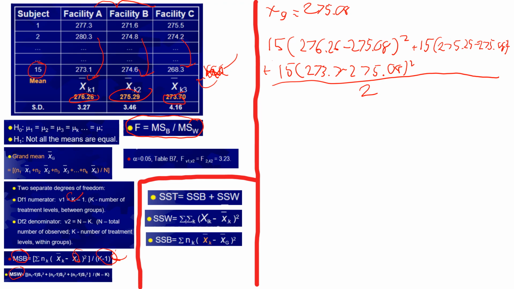276. I'm going to round these numbers. They're not going to be exactly right. You shouldn't round on an exam, but I'm going to do it for the sake of time. It's 275 squared plus 275 minus 275 squared plus 274 minus 275 squared, divided by 2.